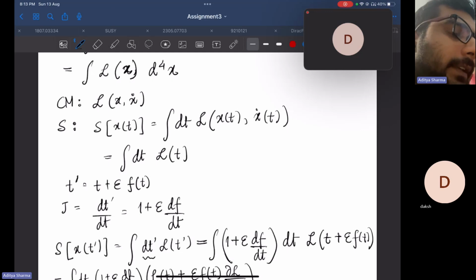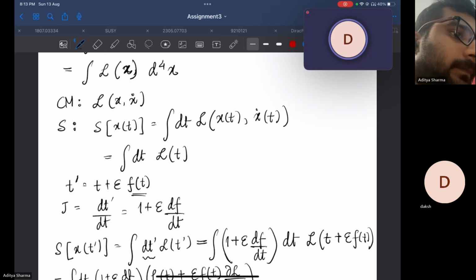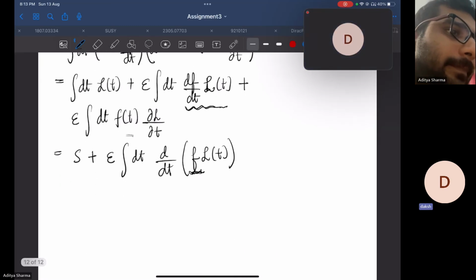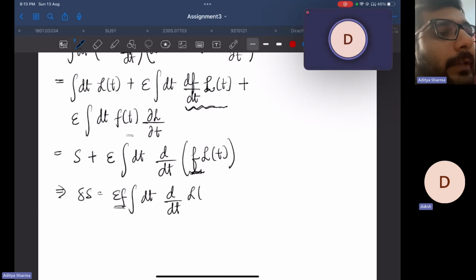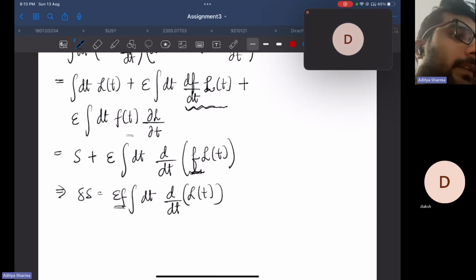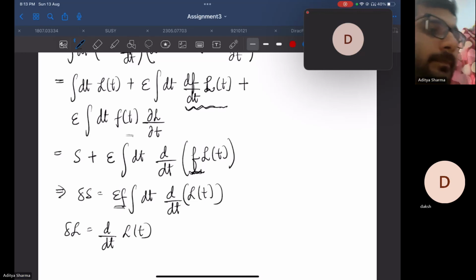I'll do a constant translation. If I do a constant translation, my delta S is epsilon, f being a constant, comes out, times the integral of d/dt of L of t. So my delta L is d/dt of L of t.